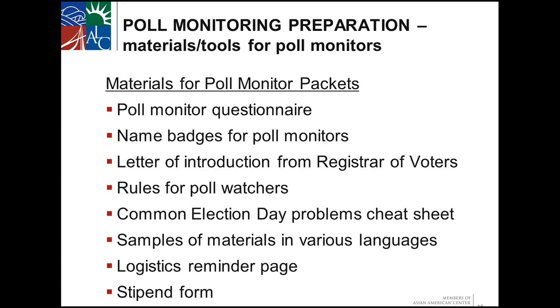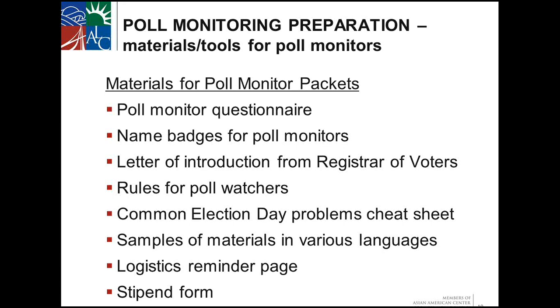Samples of materials in various languages. Again, any kind of little cheat sheet that gives them a hint of what they should be looking for, what things should look like, so when they're going down their checklist, they can readily identify things and move on to other things down on their questionnaire.